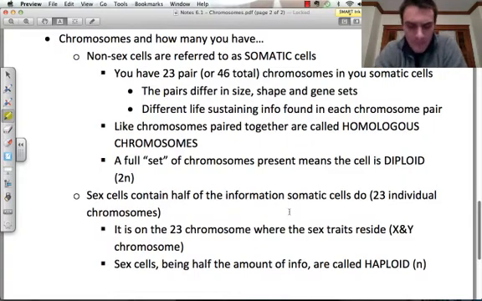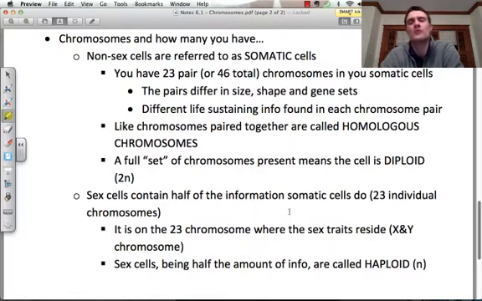Somatic cells refer to anything that is not dealing with sexual reproduction or making more of yourself. Sex cells would be like the sperm cells or the egg cells that are created by the male and female genders of a species.